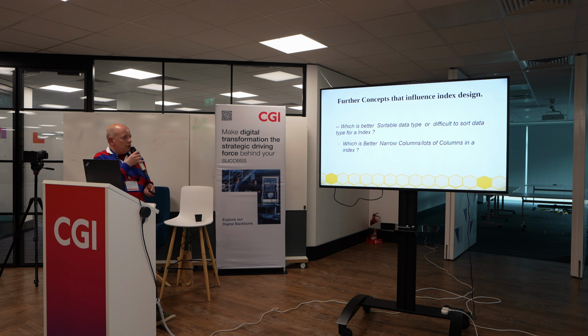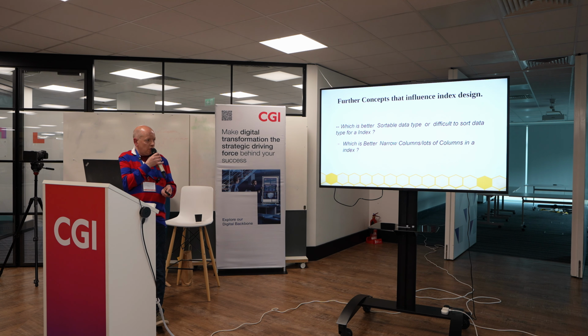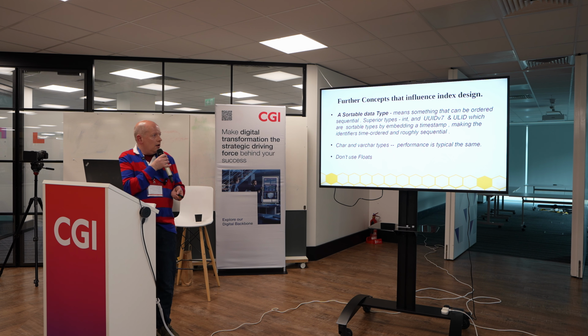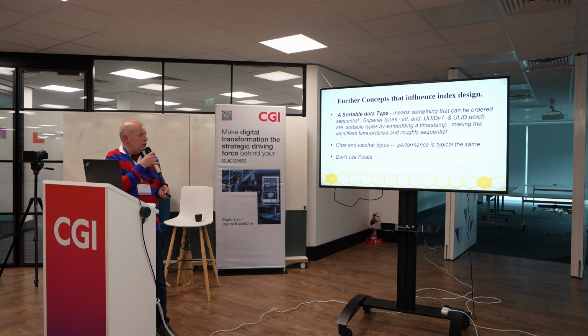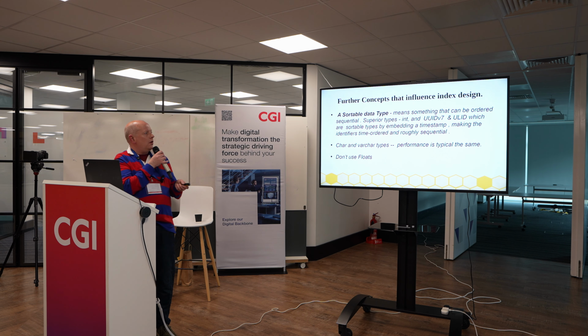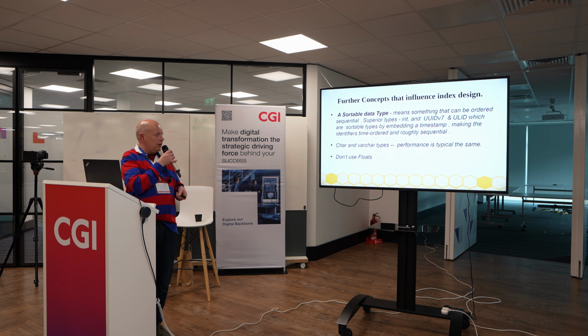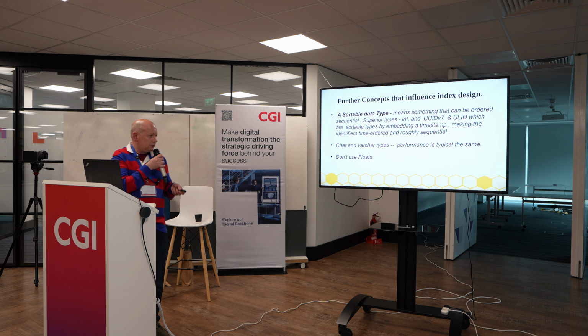Which is better, a sortable data type or a difficult to sort data type? Which is better, narrow columns or lots of columns in an index? A sortable data type is always better for indexes. Int and UUID version 7 are sortable data types. They embed timestamps, making identifiers time ordered and roughly sequential.